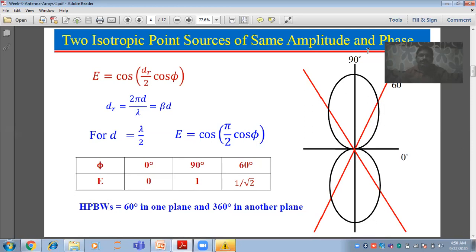Suppose that the phase difference of the currents is alpha. Here alpha is equal to 0 because the currents are in the same phase.